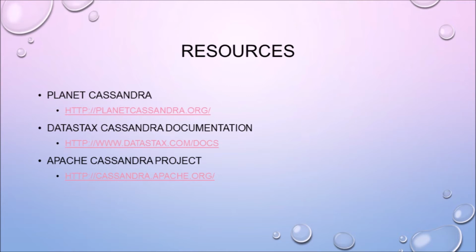DataStax contributes to about 80 to 85% of the code that goes into open source Apache Cassandra, and they have obviously made a community edition and an enterprise edition, with enterprise edition being the supported variant with more features. And obviously there's the open source project where you can go and download stuff.